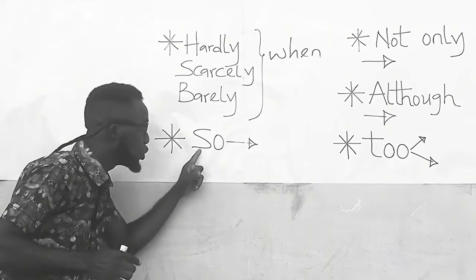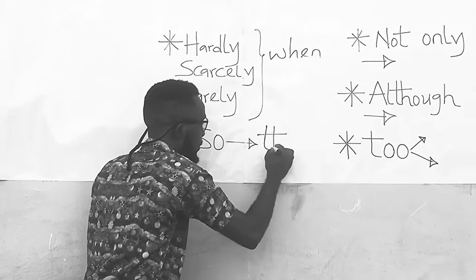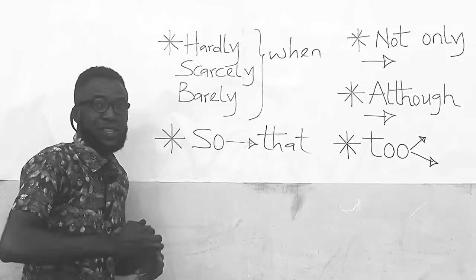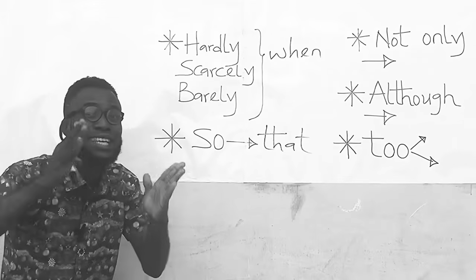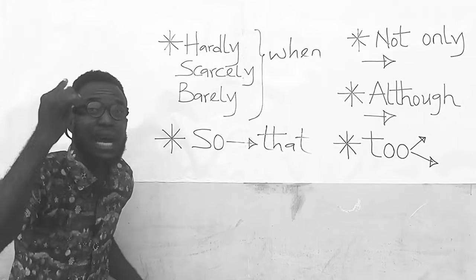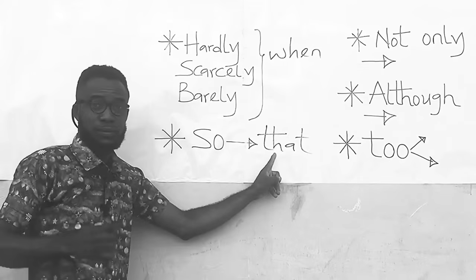The word so collocates with the word that. So that. This means that if an English question contains the word so, then the gap in the question should be filled with the word that.